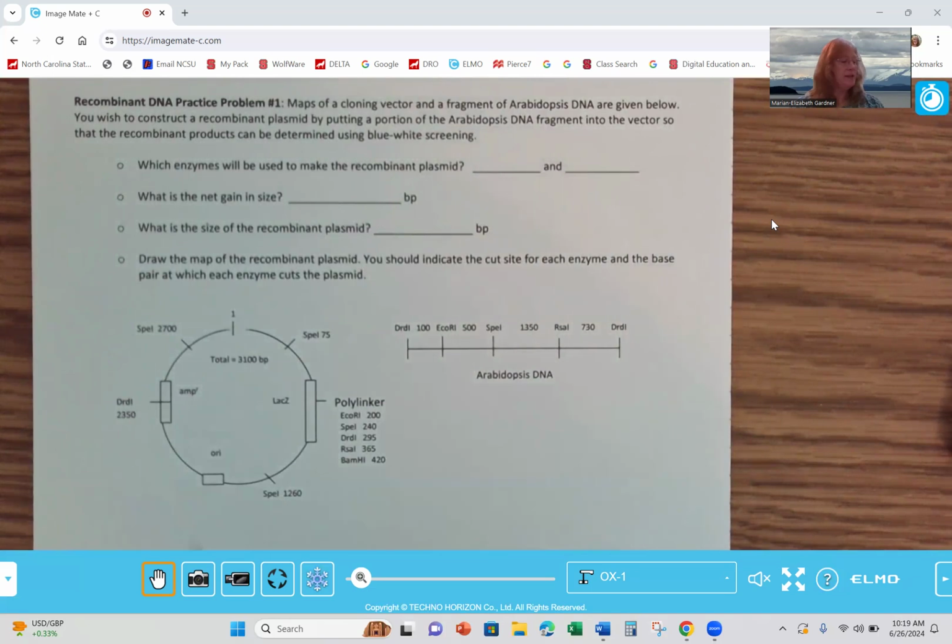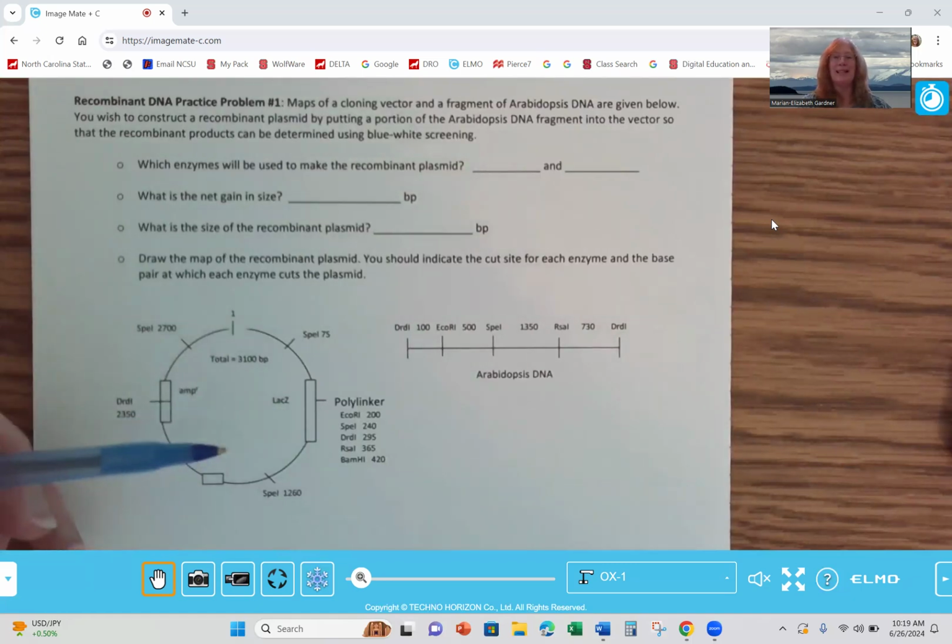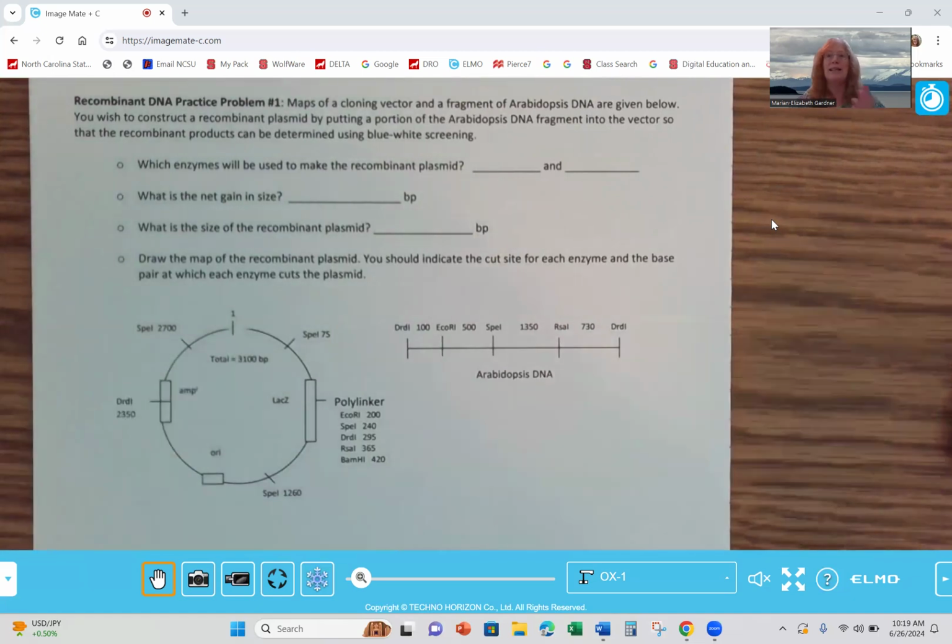Those that contain this original vector will go blue on that media because the LacZ gene is still intact, and that makes beta-galactosidase, which splits the X-gal into that blue dye color.